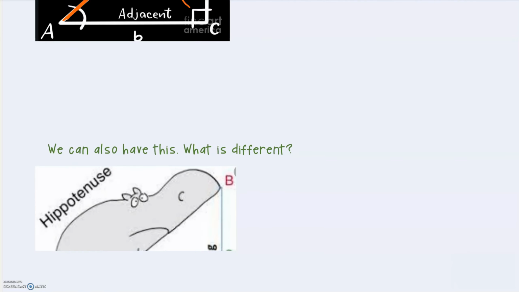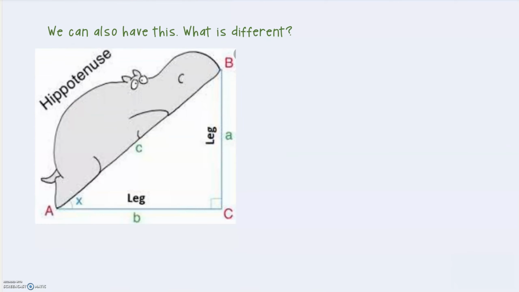So now I want you to look at this one. And I want you to tell me what's different. Take a moment and think about it. So if you notice, this one, instead of saying opposite and adjacent, just says leg. And that's totally okay, right? We generally use the phrase leg when we're talking about the sides themselves and not about the angles at all, right?